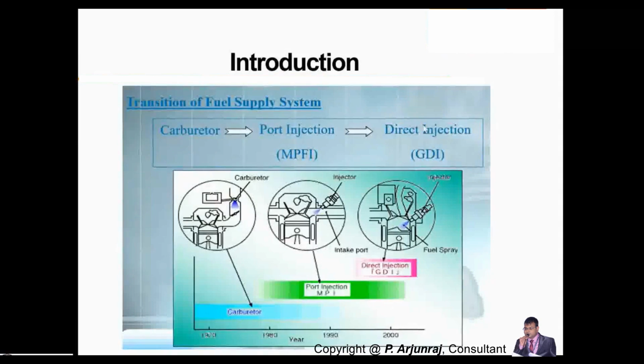But now OEMs are going with the gasoline direct injection system, also called the direct injection system. The evolution has taken place from carburetor to port injection, basically multi-point injection, and from there again to gasoline direct injection.